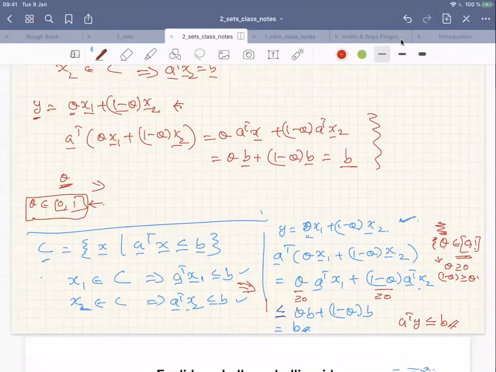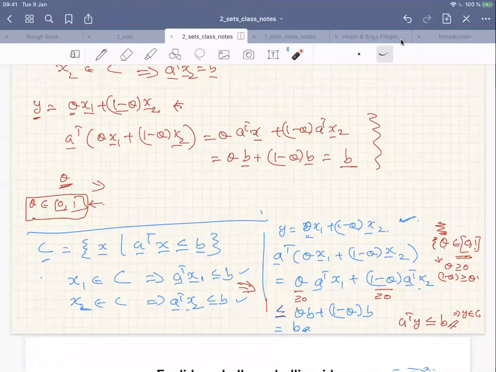That means y belongs to C. Remember, we were able to plug in this inequality only because theta is between 0 and 1. If theta is any general quantity, like the thetas in an affine combination, this will not be valid. So this proof is only valid when theta is in the interval 0, 1.